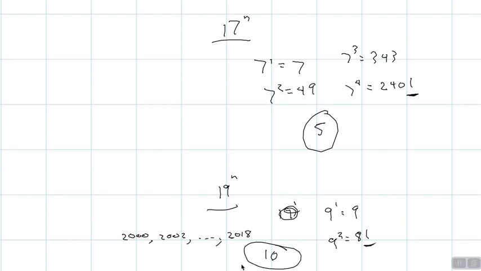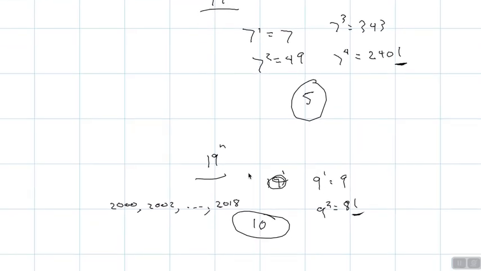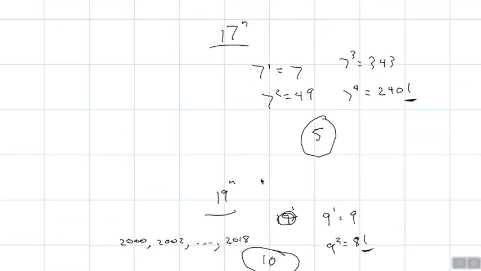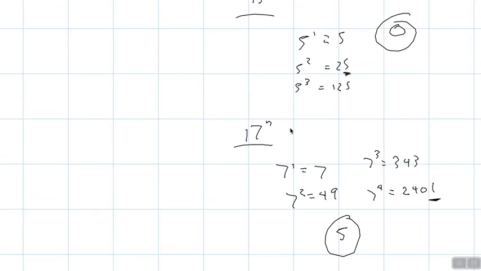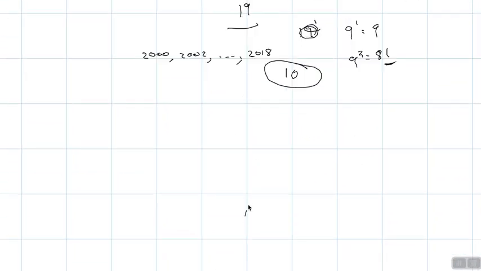And so the total number of instances when the units digit is going to be 1, we just add all these up. So 20 plus 5 plus 0 plus 5 plus 10 is 40. Number of instances where the units digit is 1.